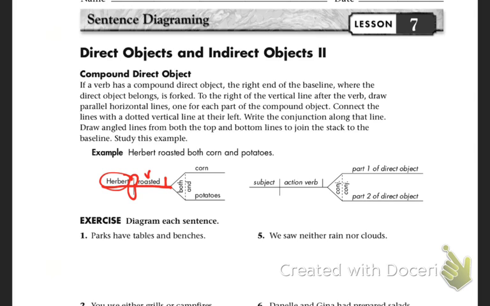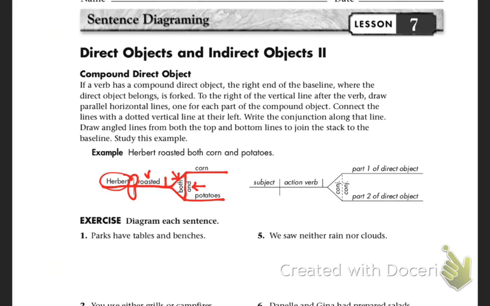So we have 2 of them, which means we need the conjunction triangle, right? So we've got to have that conjunction triangle come after the direct object line. You got to have the forks. So then you have your conjunctions both and, right? Those are your conjunctions.